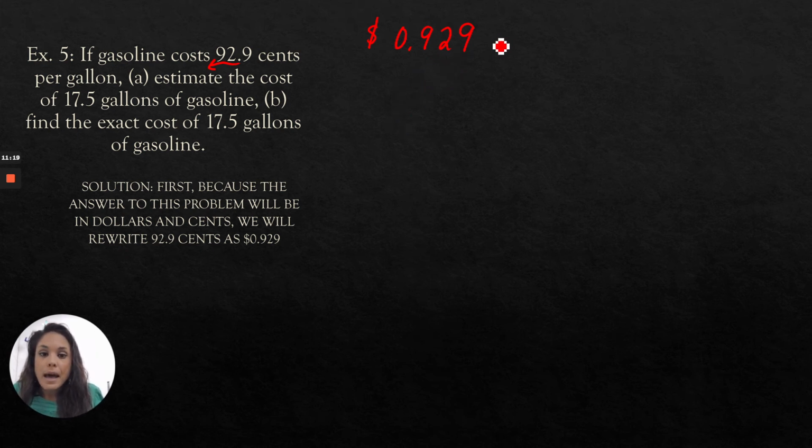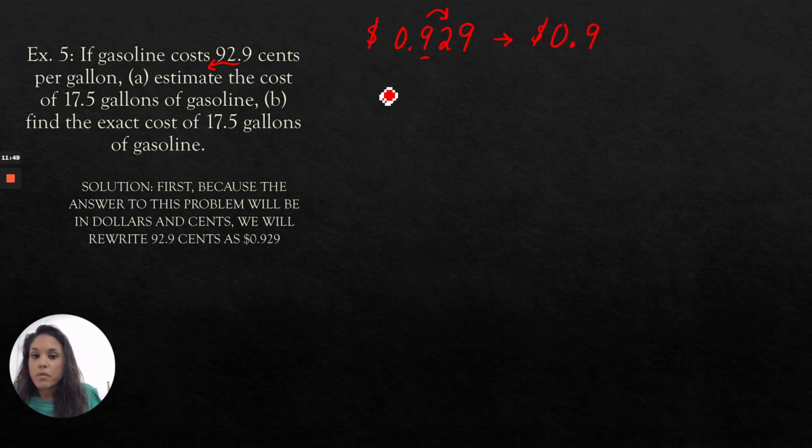Now, we want to estimate this, and when you estimate you round numbers to make it easier to do in your head. Now, we're going to round this to the nearest tenth. So I'm going to round my 9, which means I need to look to the number to the right, which is a 2. That number isn't above 5, so the 9 is going to stay the same. So it's going to stay 0.9.